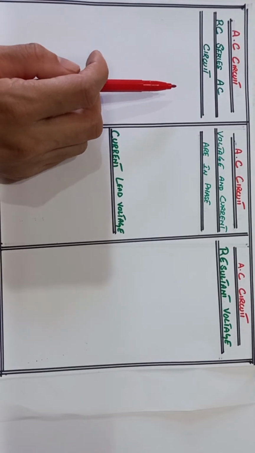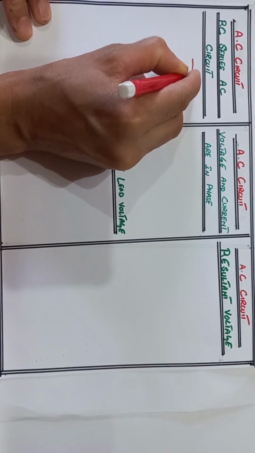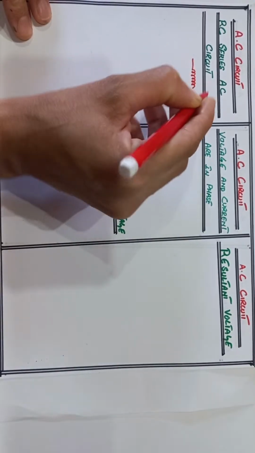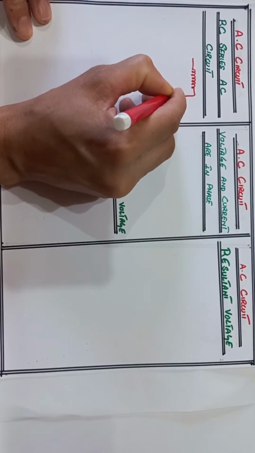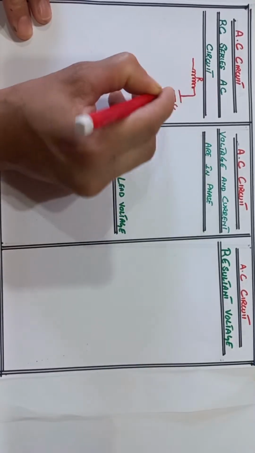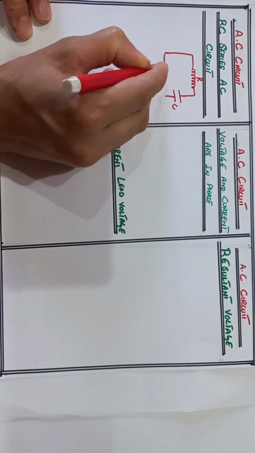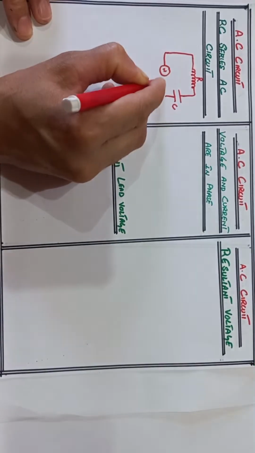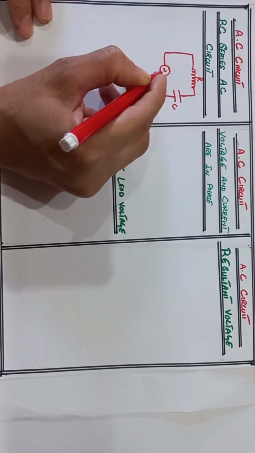In this class we take the resistor R in series with the capacitor C and apply the source voltage V in the RC series circuit.